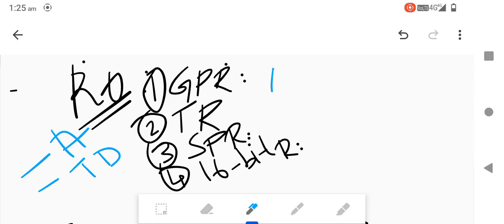First one, accumulator. Register A is an 8-bit register used to perform arithmetic, logical, IO, and load store operations. Register A is quite often called an accumulator.